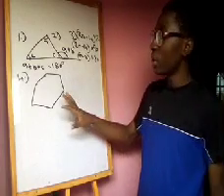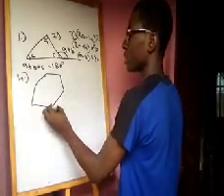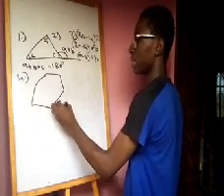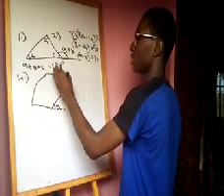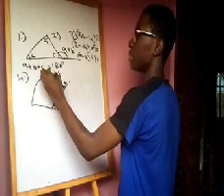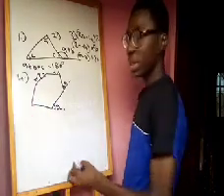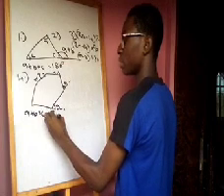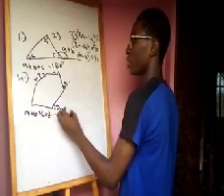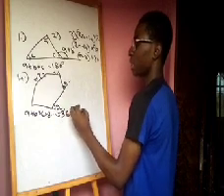So in this kind of polygon, what I'm trying to say is that when you sum the exterior angles, let's call this A, this B, this C, and so on, when you sum them, A plus B plus C plus D and so on will give you nothing less and nothing more than 360.